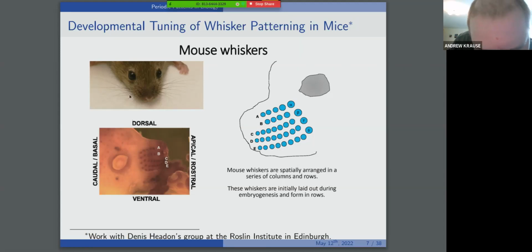But the point about mouse whiskers that relates it to Turing patterns is that it is a periodic pattern, which is, as I'll get to, the key thing that comes out of a theory of a reaction diffusion mechanism, but it's not just a periodic pattern. There's a kind of macro scale variation.